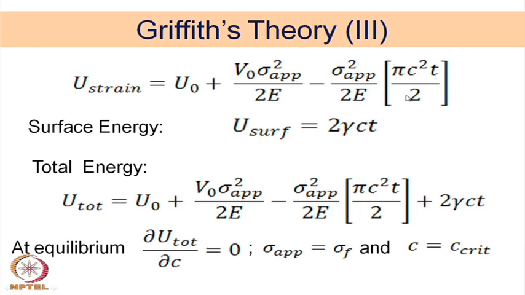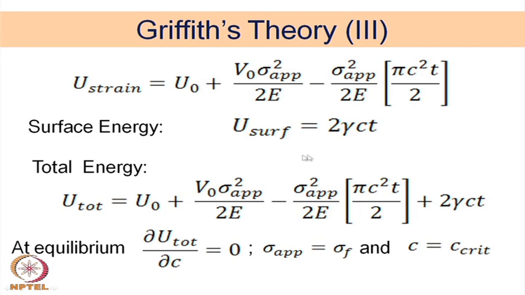So, V0, in fact, is the volume, pi r square by 2 into T. That is the volume. So, this becomes the total strain energy after the crack has been generated. Before, this was before the generation of the crack.